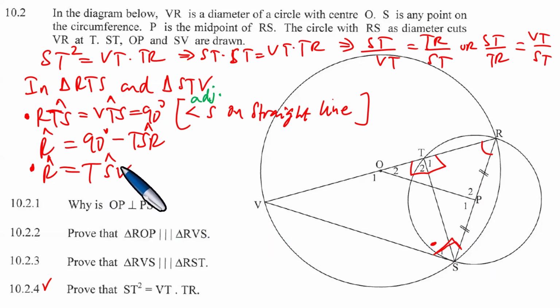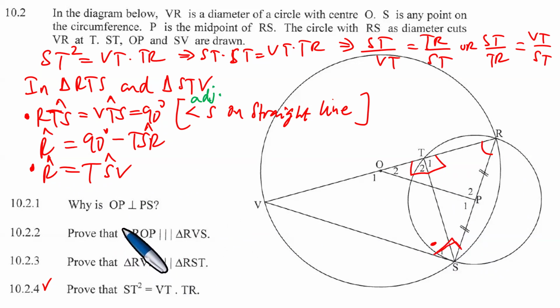So the angle TSV is 90 degrees minus TSR, but the angle R is also 90 degrees minus TSR, because this plus this is 90 degrees.